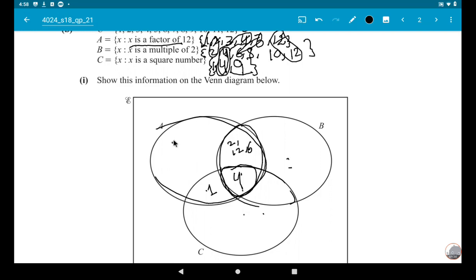So A is 1, 2, 3, 4, 6, 12. Okay, now B: 2, 4, 6, 12. Other remaining numbers are 8 and 10.